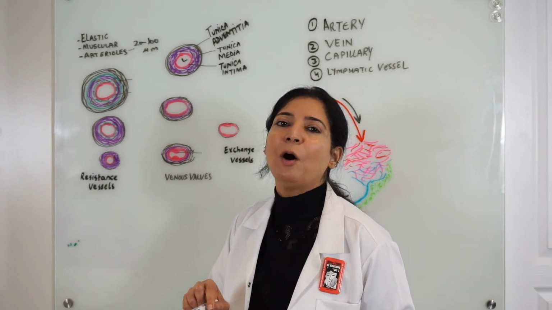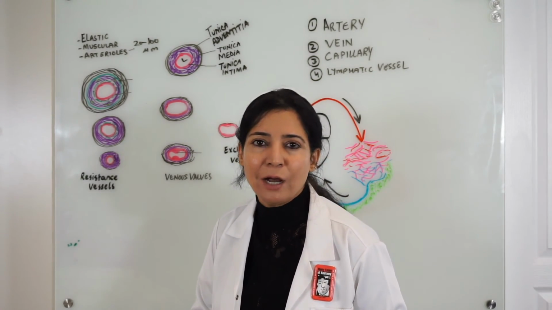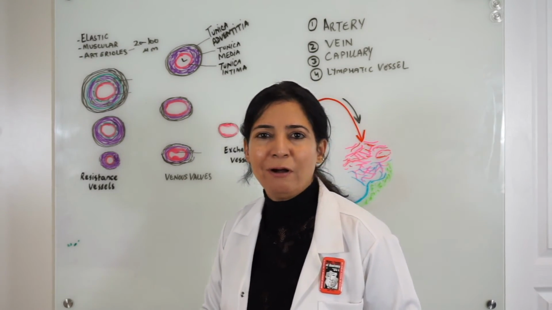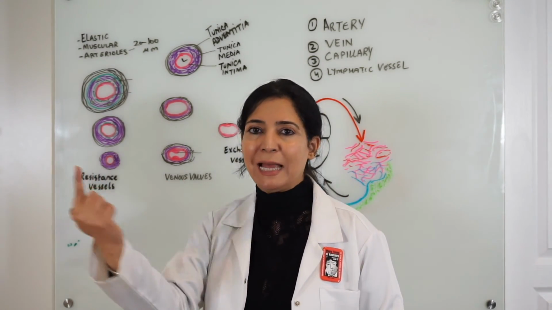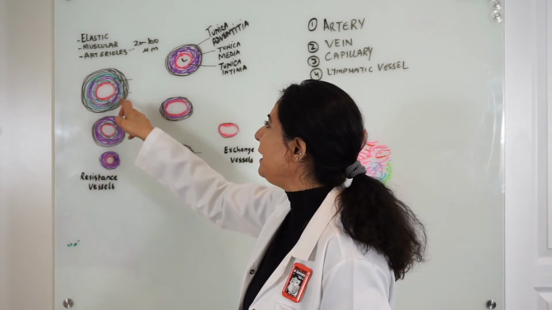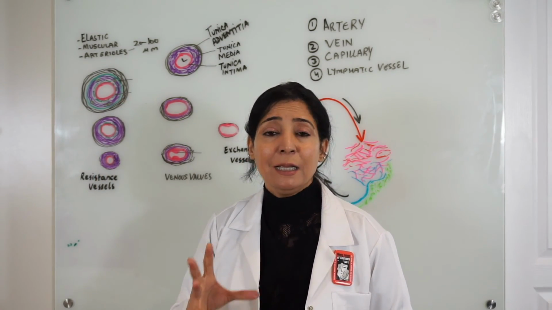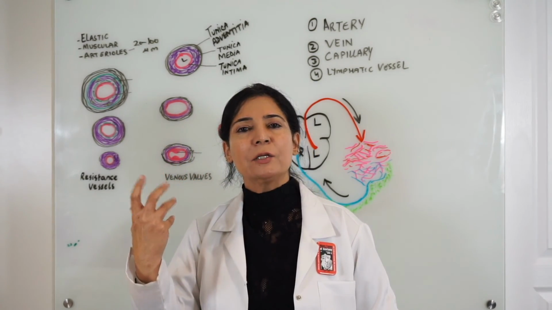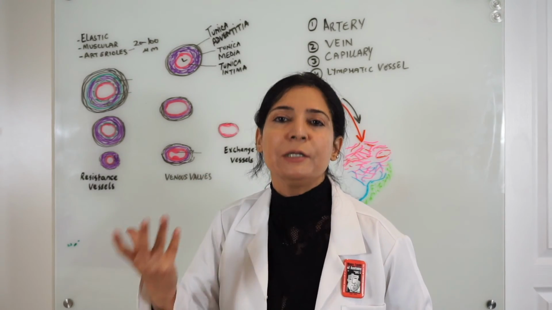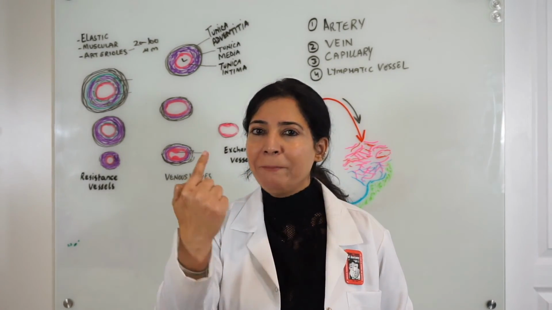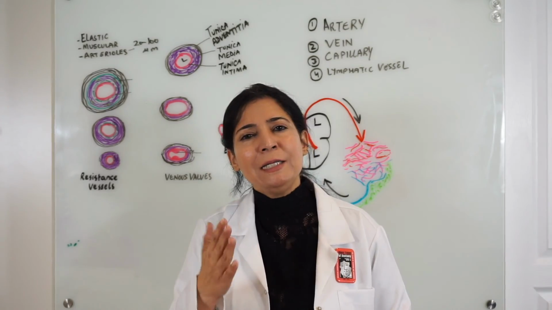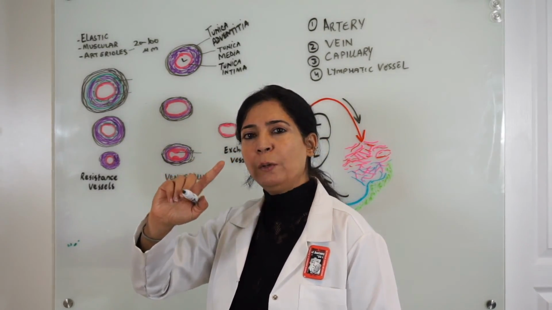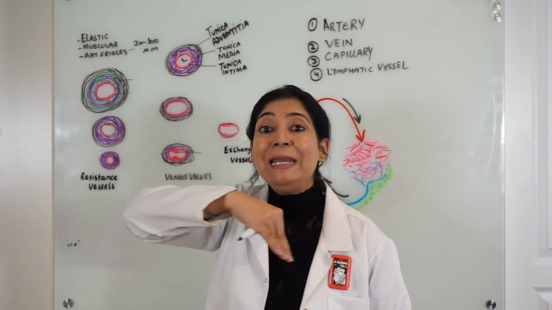The tunica media of the large arteries, or the elastic arteries, has a very huge number of elastic fibers, strands of elastic tissue. So this green is representing the elastic fibers. In the large arteries, like for example the pulmonary artery, which is emerging from the right ventricle, or the aorta, which is emerging from the left ventricle, the elastic fibers have been arranged so discretely that they have actually produced two layers or two laminae.